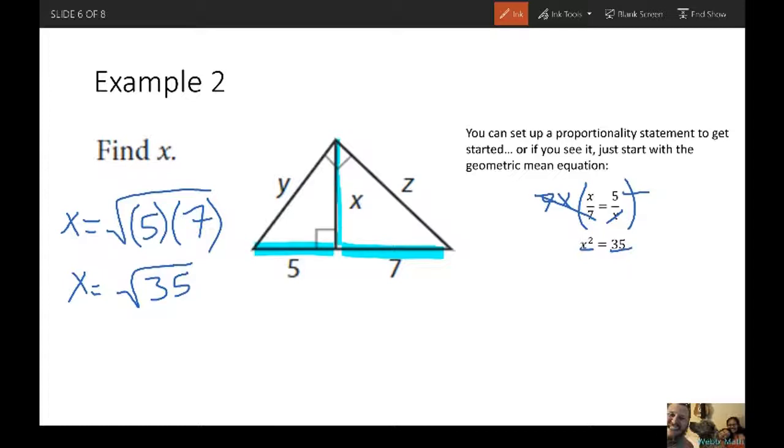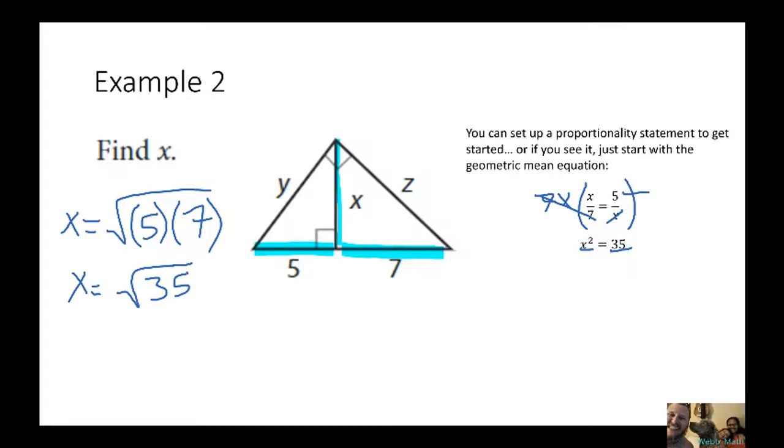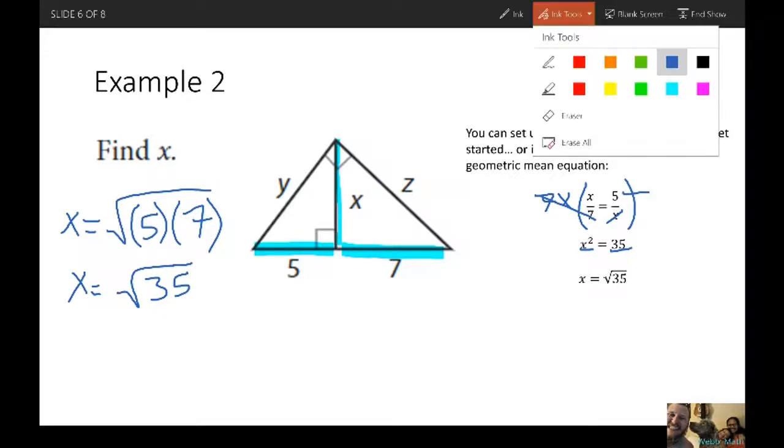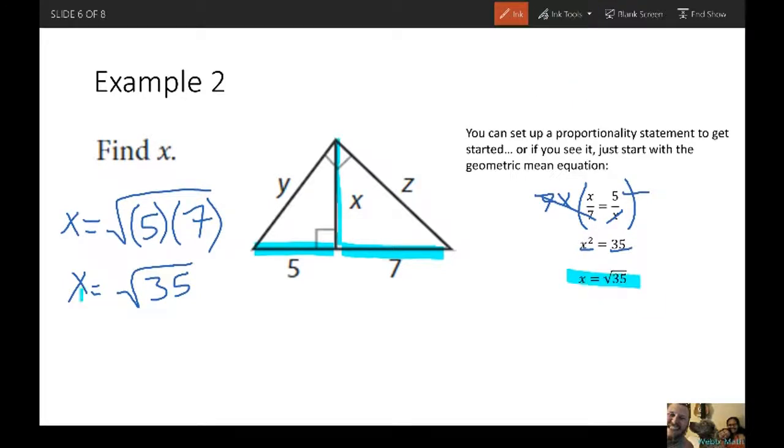So that's why I went ahead and multiplied by a 7x. And then eventually you're just going to take the square root, and look at that. You get the same answer as if you already knew how to set it up. Okay, so if you know your theorem, you'll be over here, because you can see it, you understand it, and it's simple math. You don't have to deal with proportionality statements.